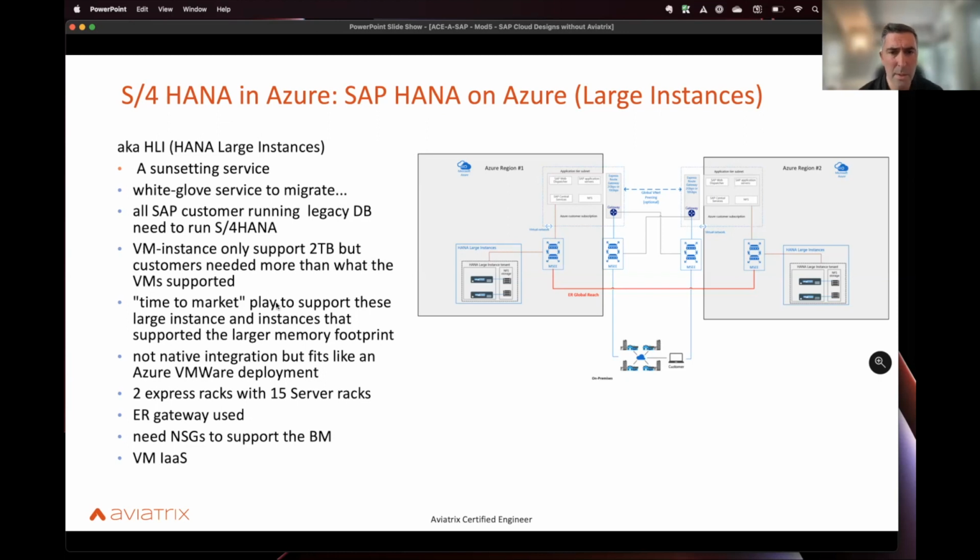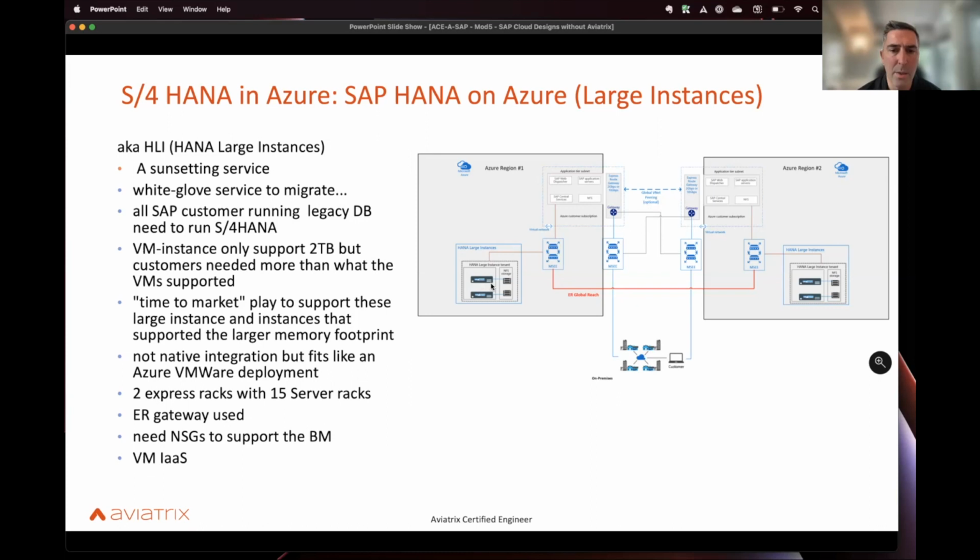And you'll notice here in Azure Region 1 or Region 2, you had bare metal connected through the Microsoft Edge services. And you could connect to the application tier, which existed in virtual machines in a VNet. And then you could connect between regions through Global Reach. So on-prem, you get an ExpressRoute circuit that terminates on an ExpressRoute gateway with global VNet peering.